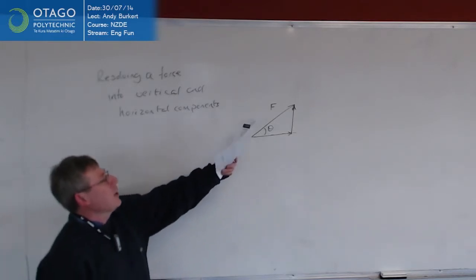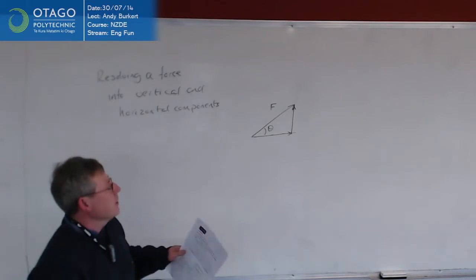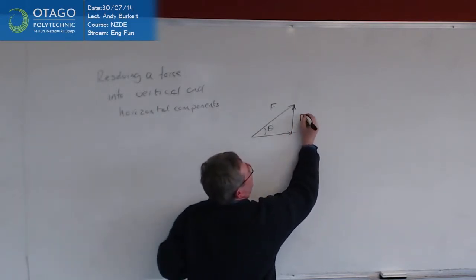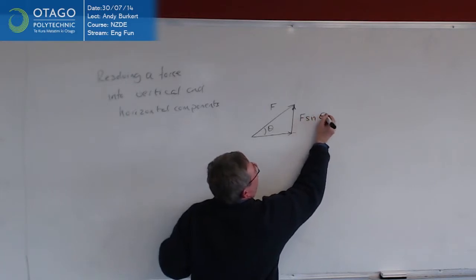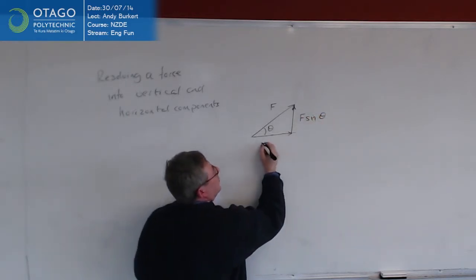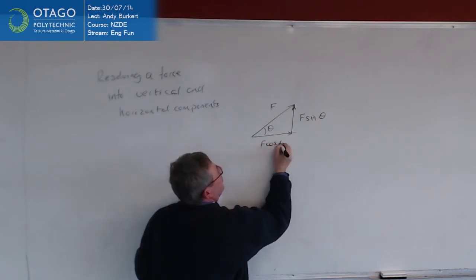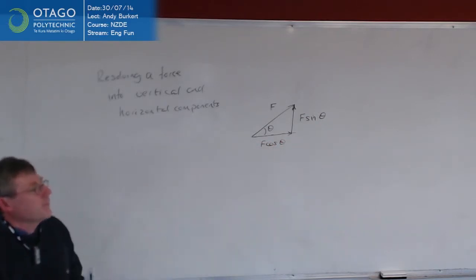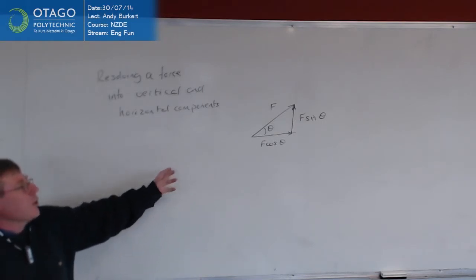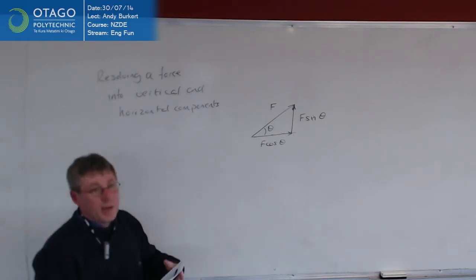So if the hypotenuse is F, the vertical component is going to be F sine of theta, and the horizontal component is going to be F times the cosine of theta. This is true as long as you know the angle to the horizontal. It doesn't matter which way the force goes.